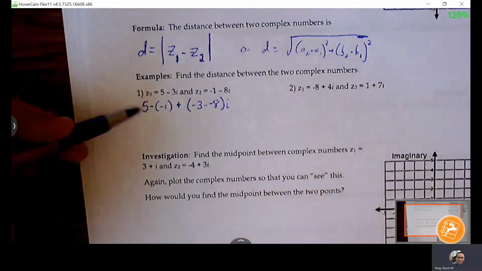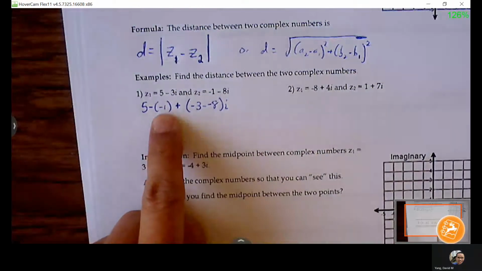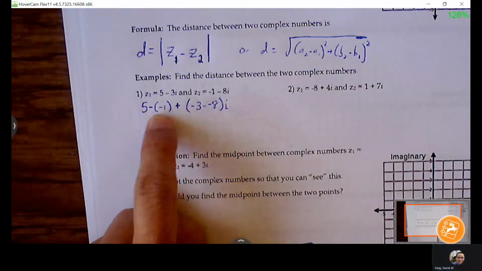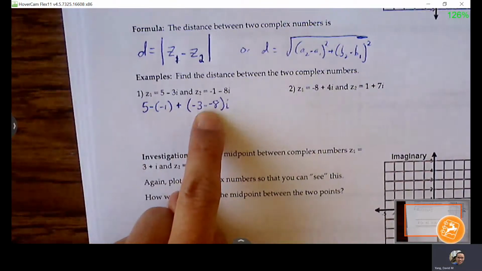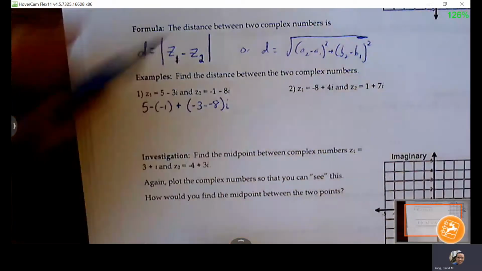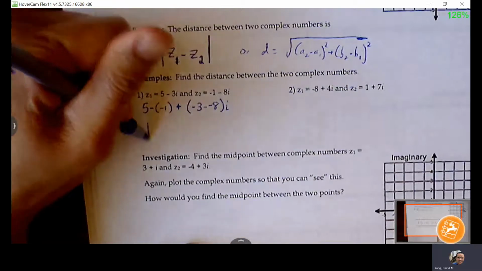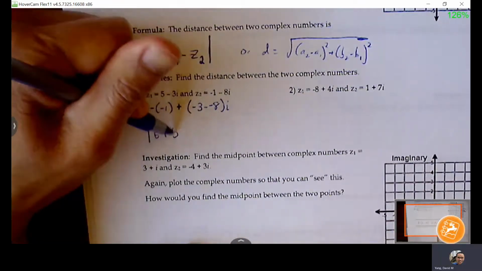And so we're left with what? 5 minus negative 1 is 6, and negative 3 minus negative 8 is 5. So we're left with 6 plus 5i.